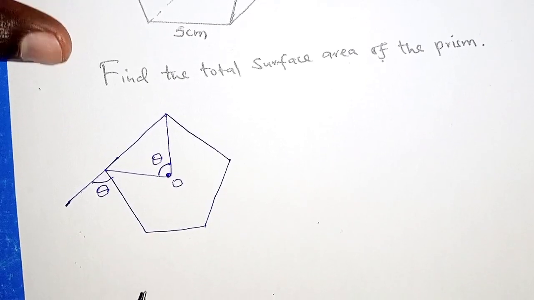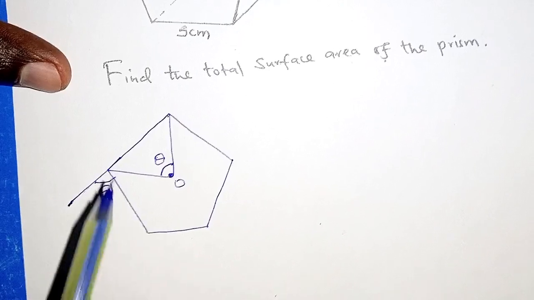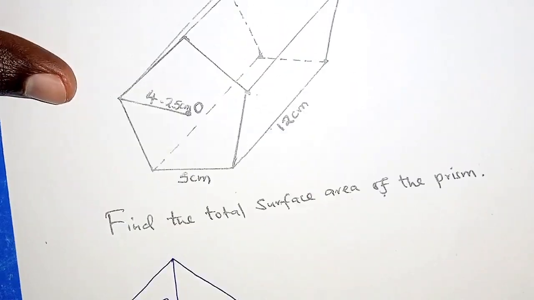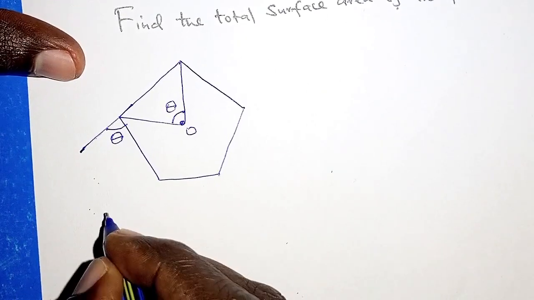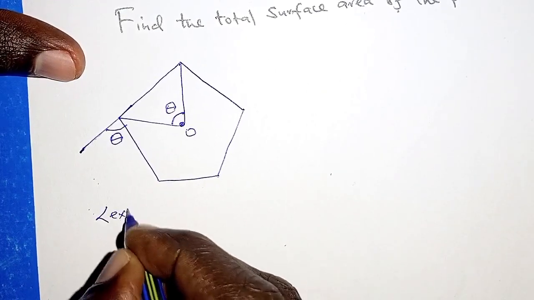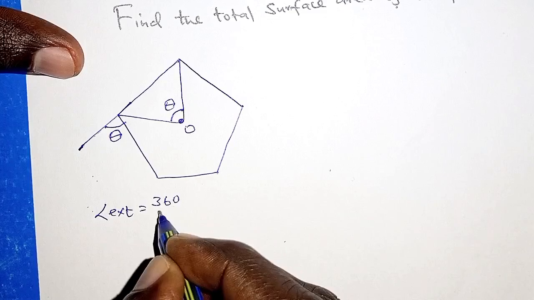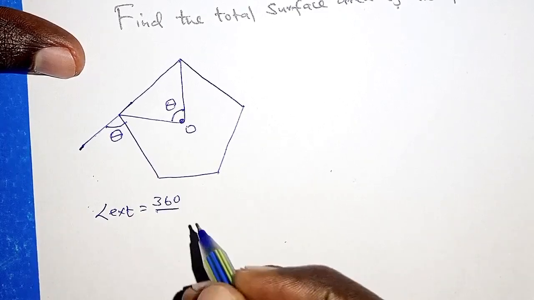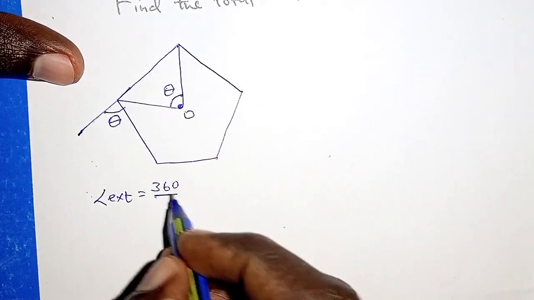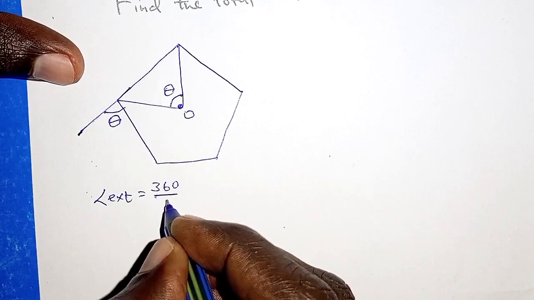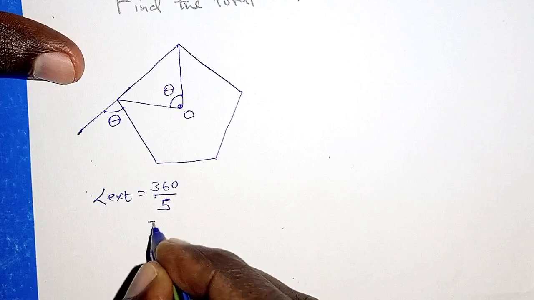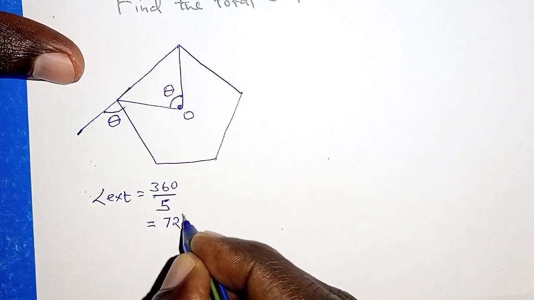And from this, it is important for us to determine the size of the exterior angle for a regular pentagon. An exterior angle is usually calculated as 360 over the number of sides of the regular polygon, and the number of sides for a pentagon is 5. And this should give us 72 degrees.